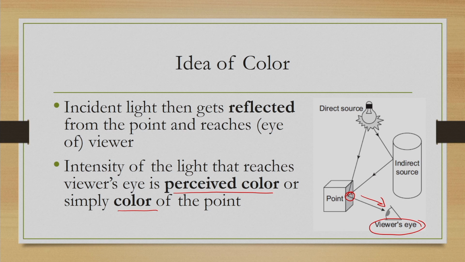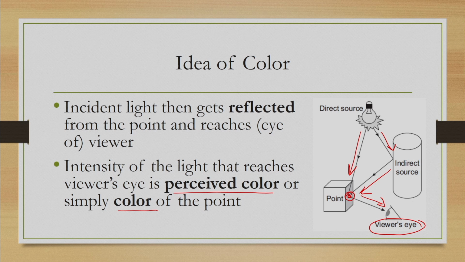So, to recollect, a viewer is looking at this point shown here. Now, at this point there are two incident lights, one coming from the direct source through this path, one coming from the indirect source through this path. Now, this process of transporting light energy from the source to this point is illumination.